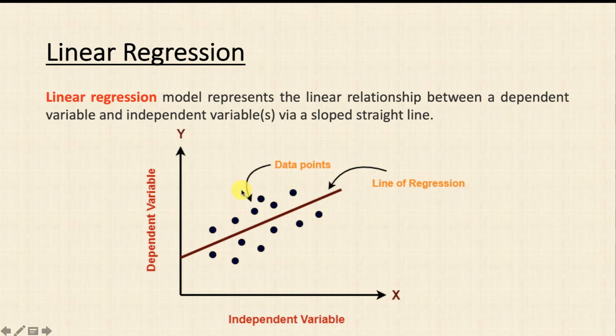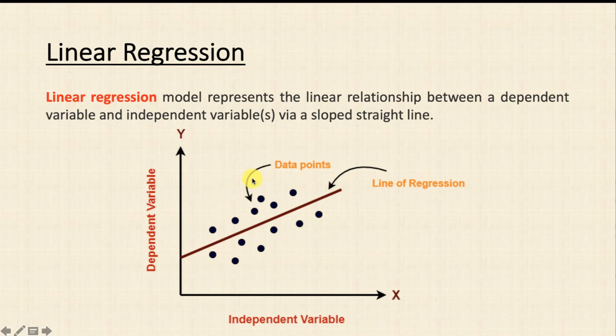This is the basic model of linear regression. As I told you, you need to concentrate on two types of variables, the independent variable and the dependent variable, right? And here is the linear relationship between the dependent variable and independent variables via the slope of a straight line.